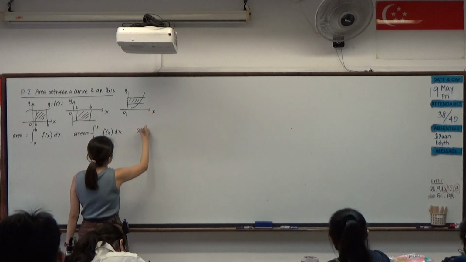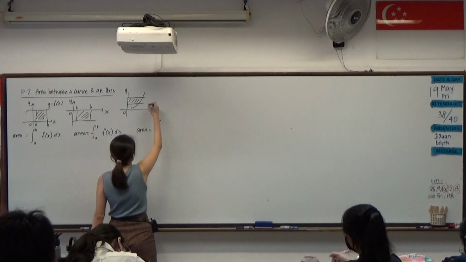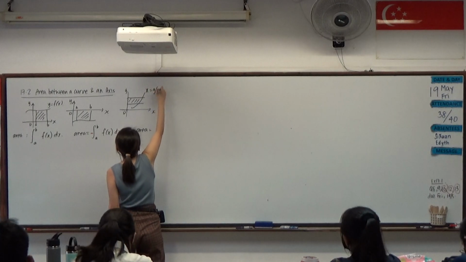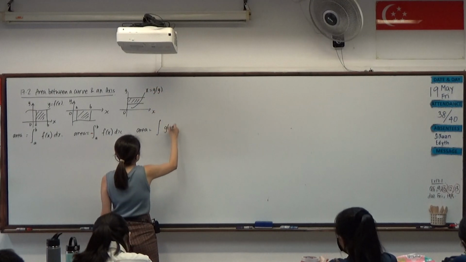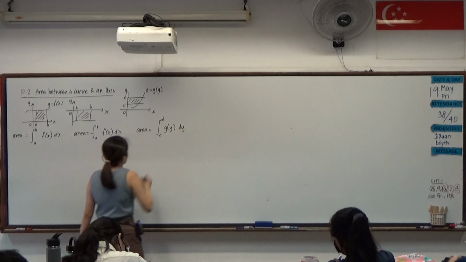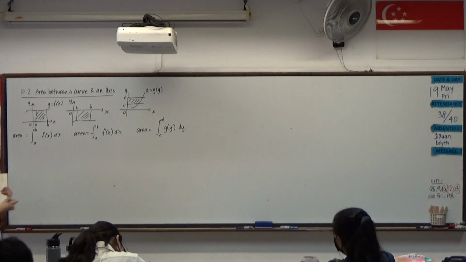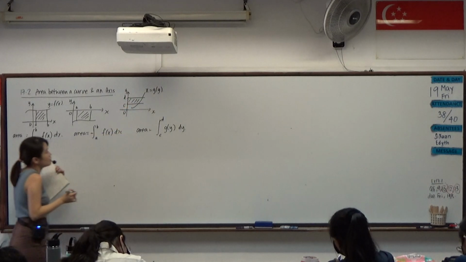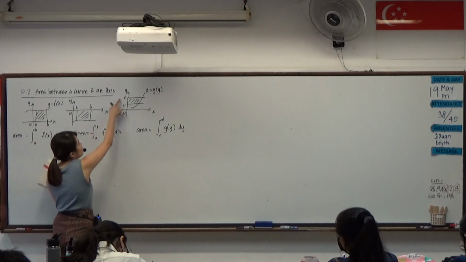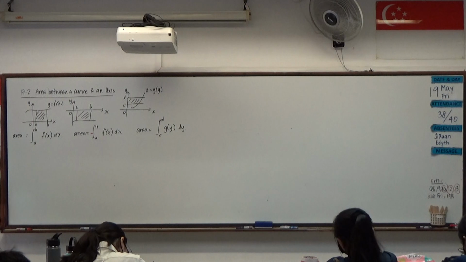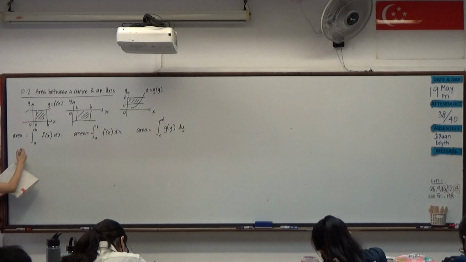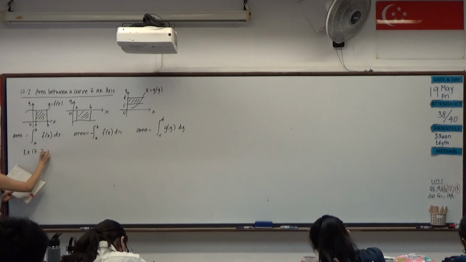And then when we integrate towards the y-axis, we have to make x a subject for the function and then integrate from c to d, where c and d are values on the y-axis itself. So these are the three cases. I want us to take a look at exercise 17.2, question 9.